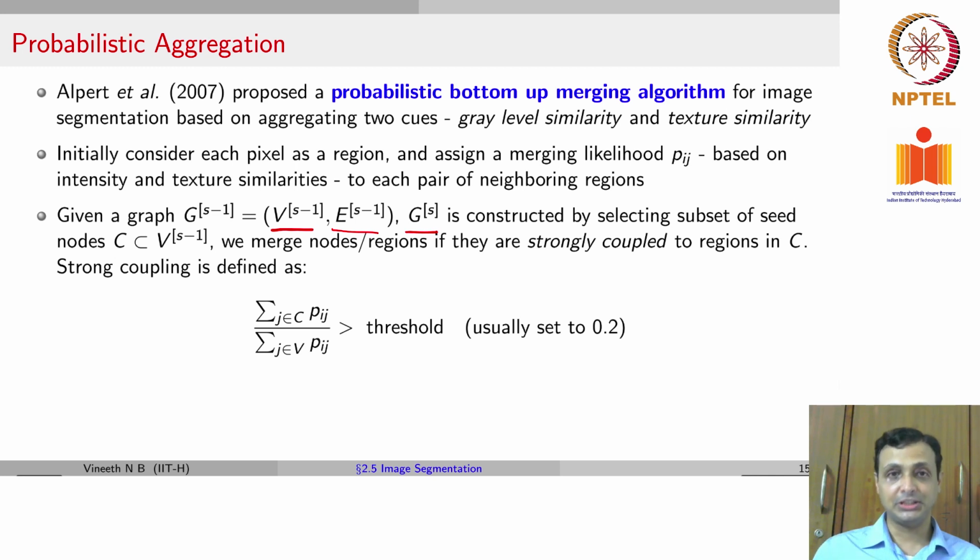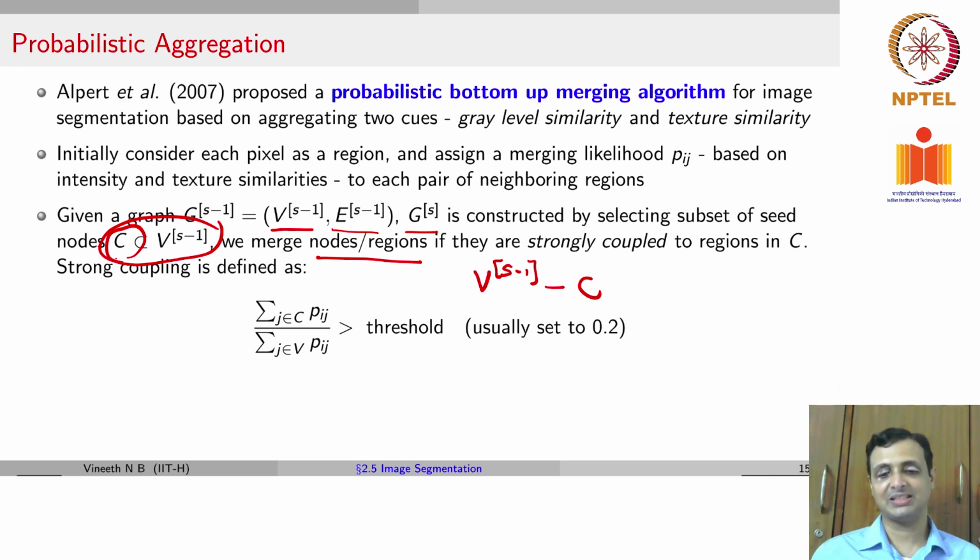So the graph at the next iteration G^s, where you hope to merge a few regions, is obtained by considering a subset of seed nodes C from V^(s-1), and you merge nodes or regions if they are strongly coupled to regions in C. So you would consider the other nodes, which are in V^(s-1) minus C. Those would be the other pixels in V^(s-1).